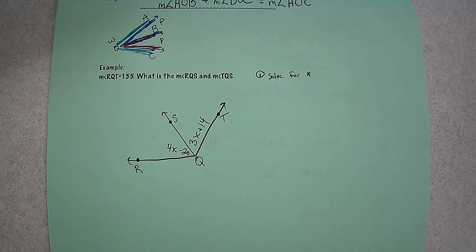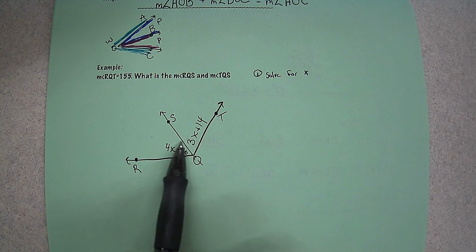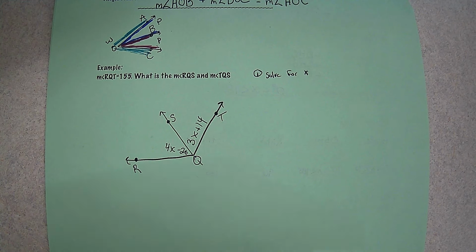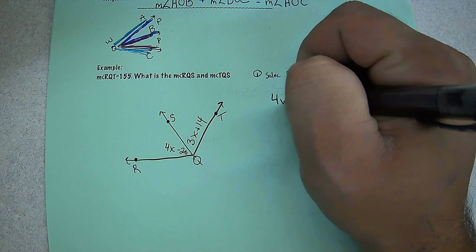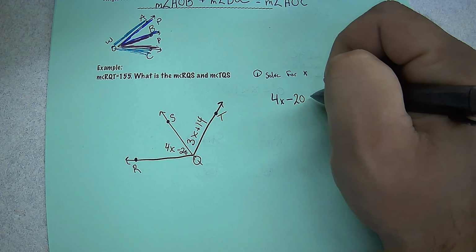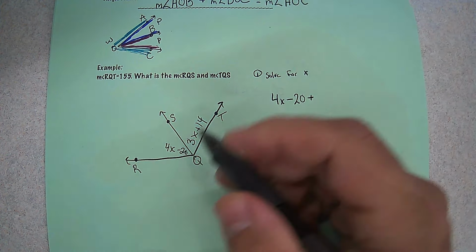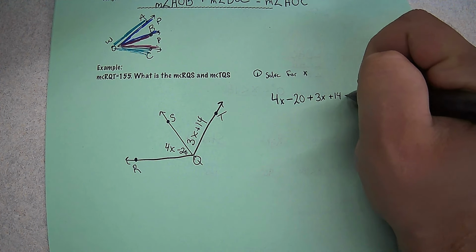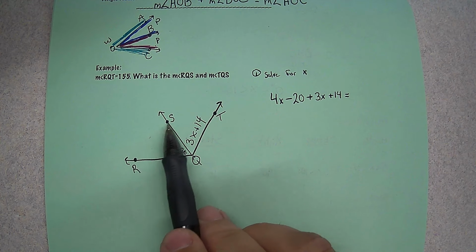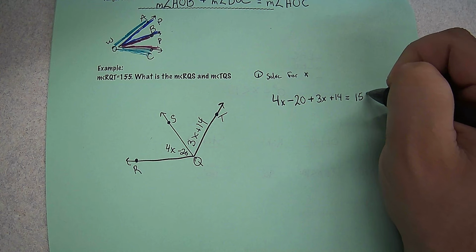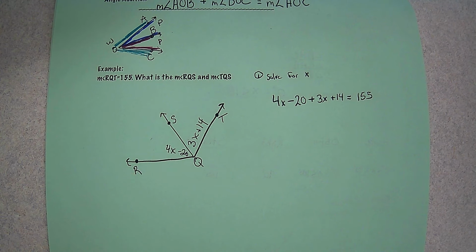So we're going to use our algebra skills in doing this. Now we just said this part plus this part equals the whole thing. So we would have 4x minus 20 plus 3x plus 14 equals this whole thing, which is 155.